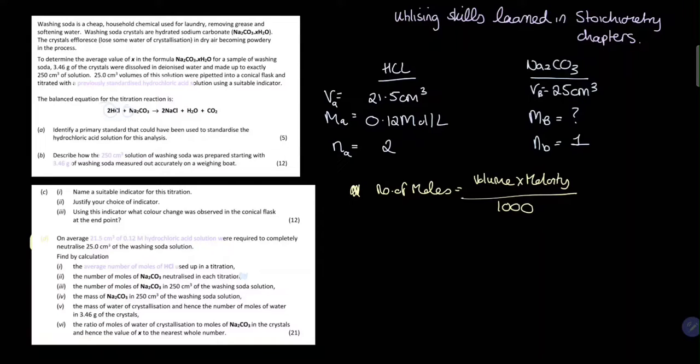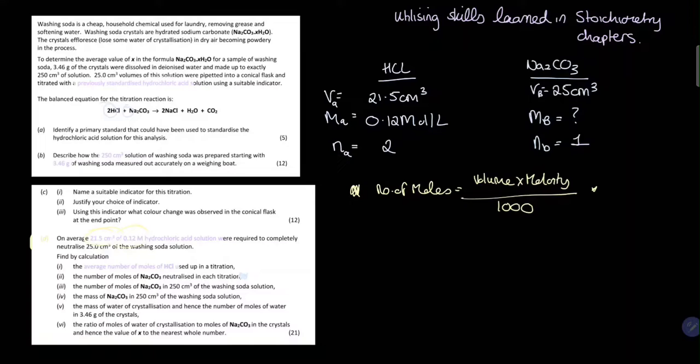It's probably better to understand the thought process step by step, because sometimes you're not given the volume. You might be given grams dissolved in solution or literally just the molarity. So knowing the thought process of how to work out how many moles are in a specific amount of solution is better than knowing just this formula. But just know that you can use that if you have the volume.